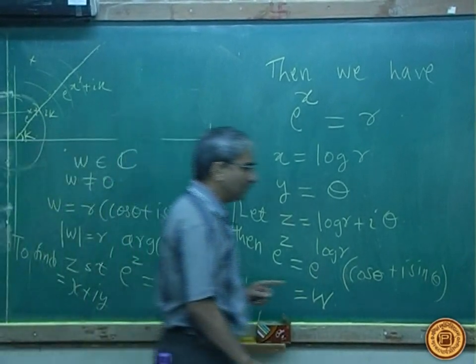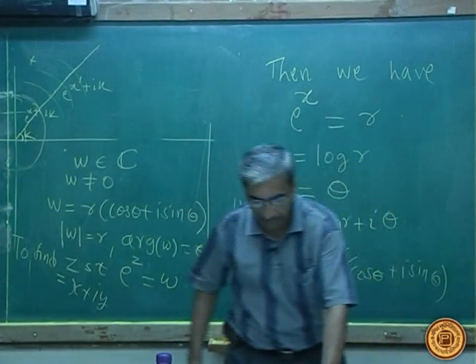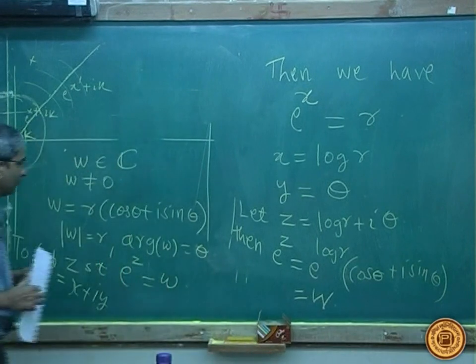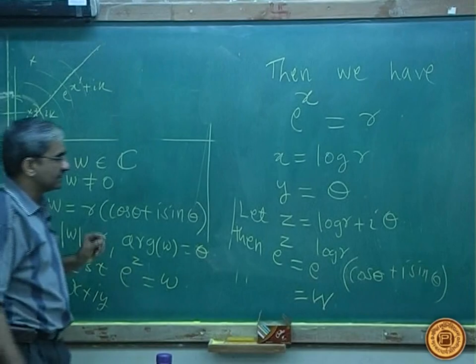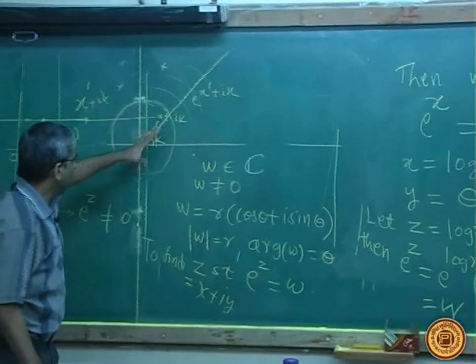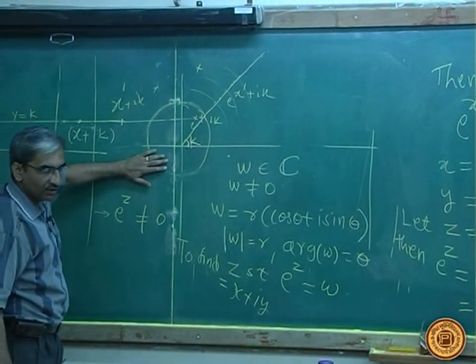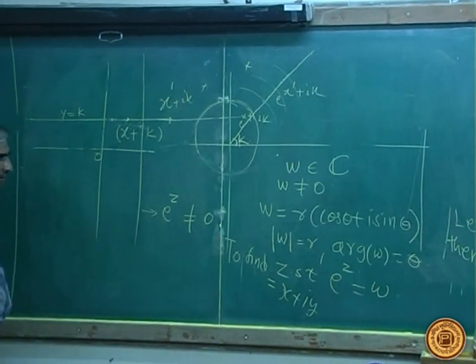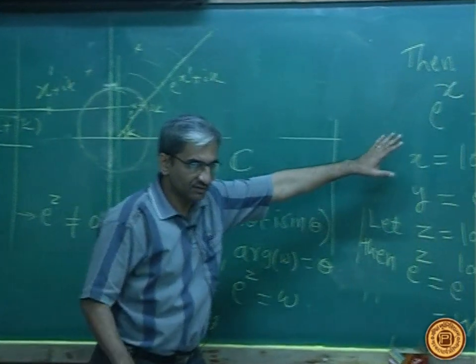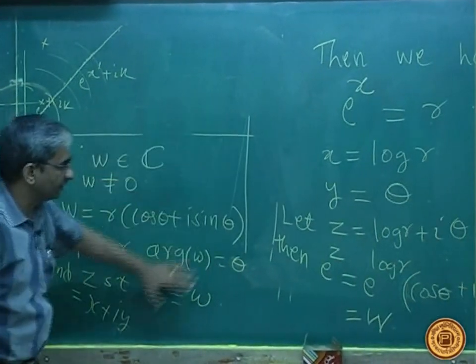So if w is any non-zero complex number, I can express it in the polar form and from that I can find z such that e to the power z is w. So all the complex numbers, so you look at this picture again. Maybe you can first read this. First read all this.